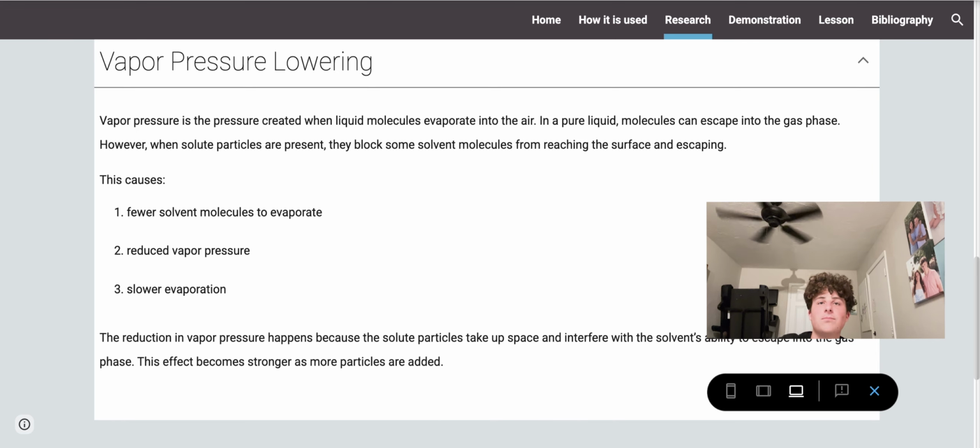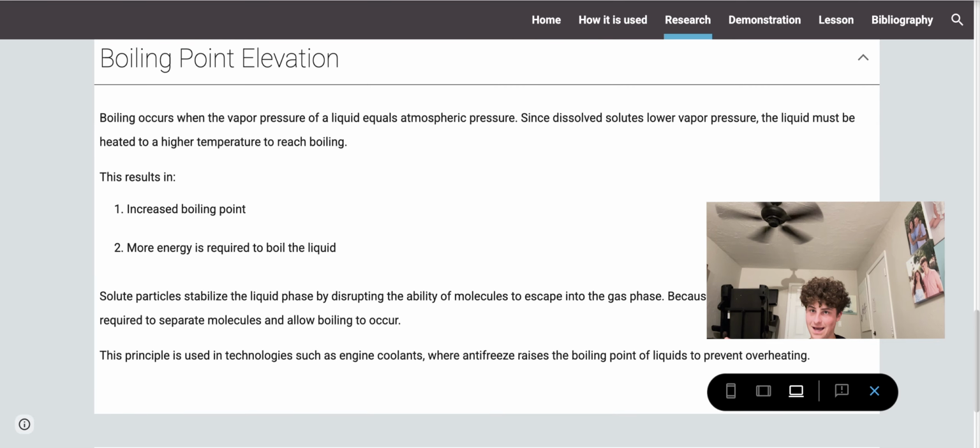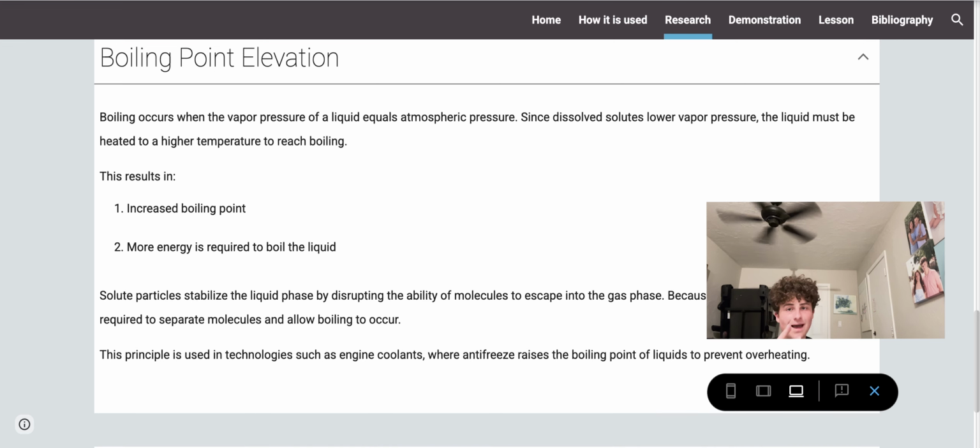Okay, then we get boiling points. Boiling point elevation, so this is pretty much what I just talked about, but not really. What happens when something boils is all the bonds, all the IMFs, have to break in order for it to turn to a gaseous state. So let's take water. All the hydrogen bonds, every single one of them, has to break in order for it to boil. And that takes a long time for water, but not for something like ethanol.